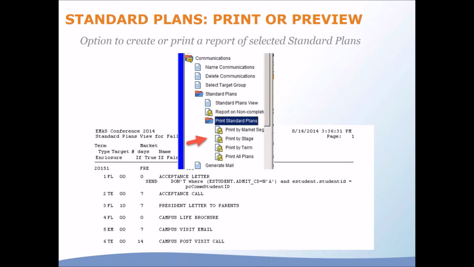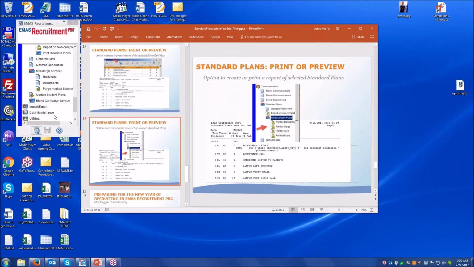And then the other option for running the reports is on the menu tree. And you'll see that there are a number of options for printing your standard plans or previewing them. You don't necessarily have to make a printed report. You can report to just your screen and look at the reports that are available. And you know what? I'd like to show you that.